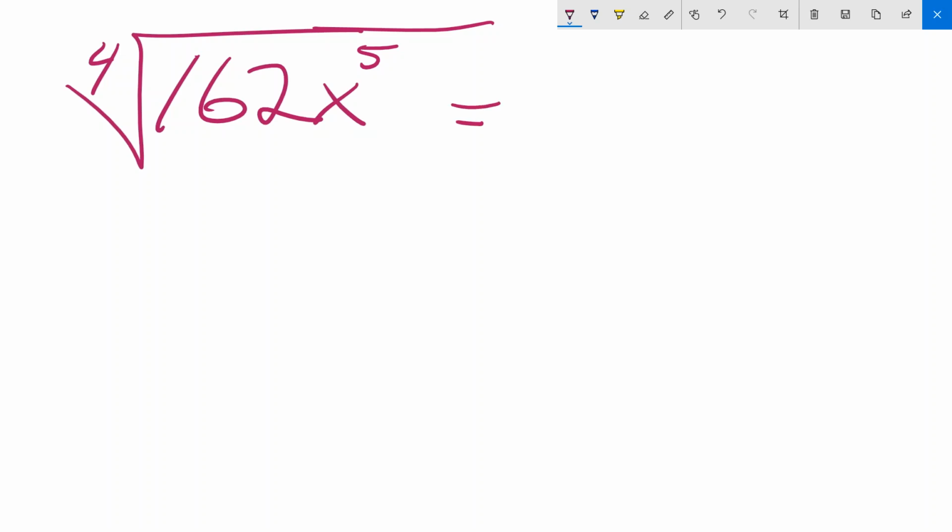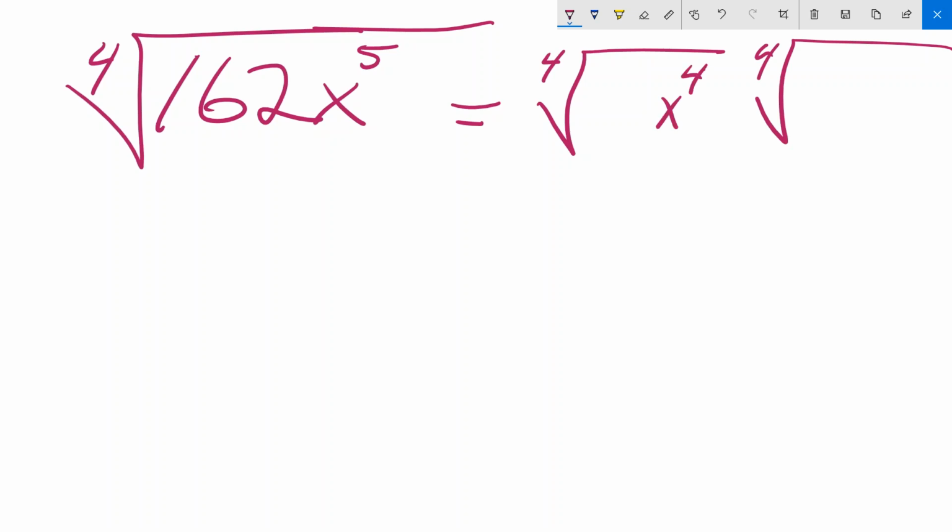So what do you think that might be? And we're going to factor it into two things that are both 4th roots. And then one's going to have x to the 4th, and then one's just x. Correct.